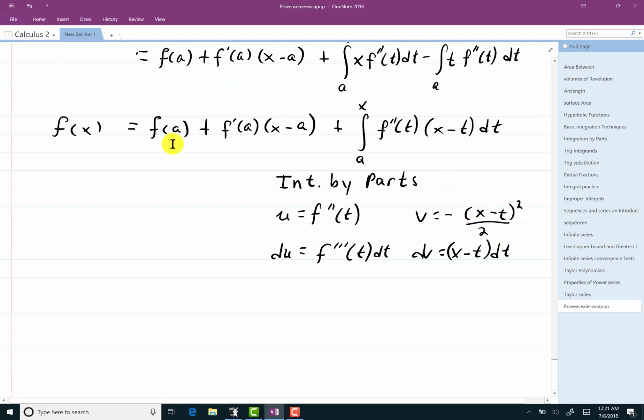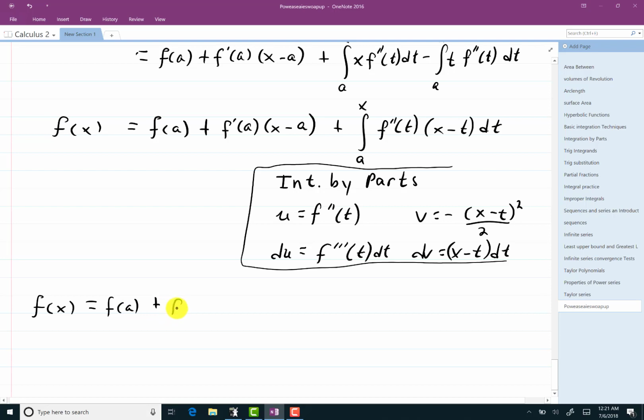So let me come back here for my f of x. Let me put my f of a back, plus f prime of a times x minus a, plus, now let's put the uv together, so it'll be actually a minus, minus f double prime of t over 2 times x minus t squared, that'll go from a to x.